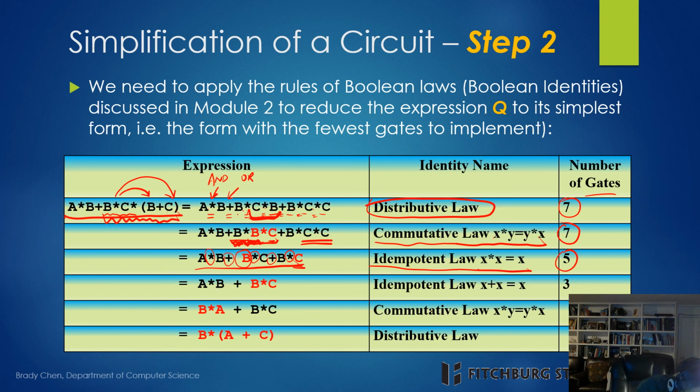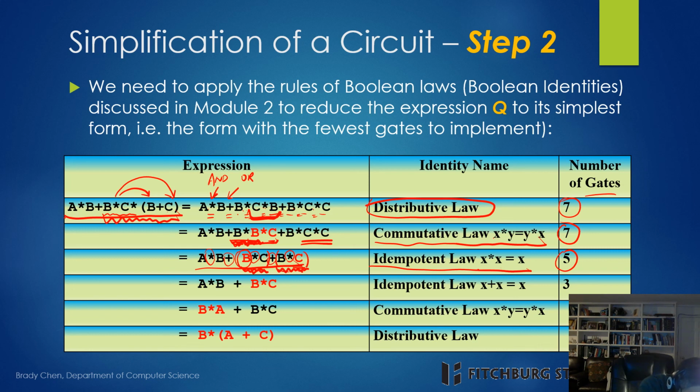Now let's take a look at these again. The second term, B times C, and the third term, B times C. So these B times C and these B times C, they are the same.